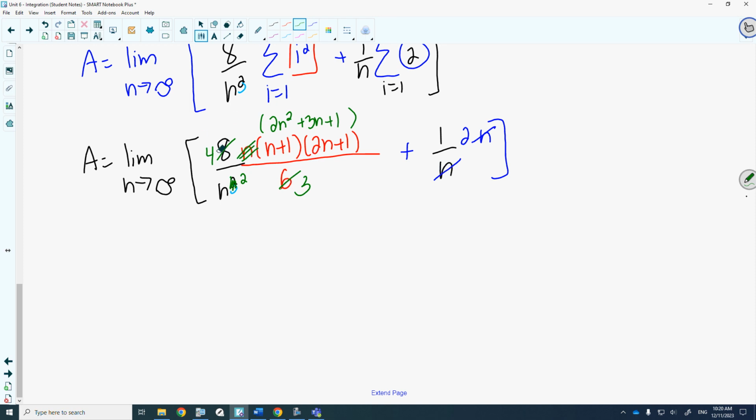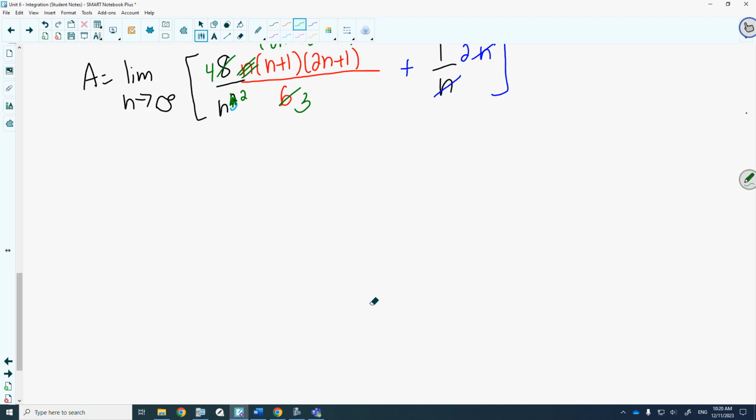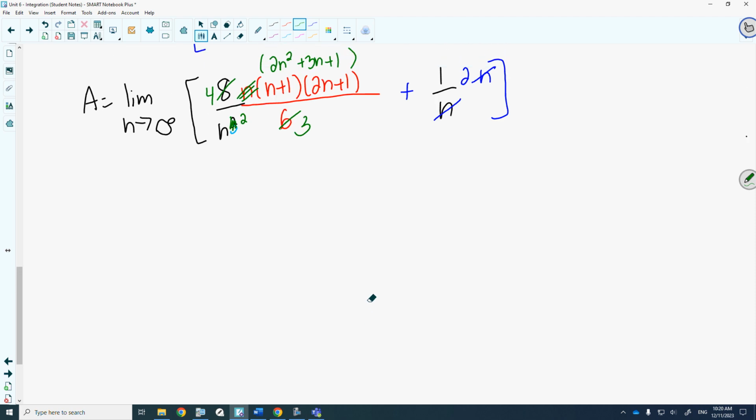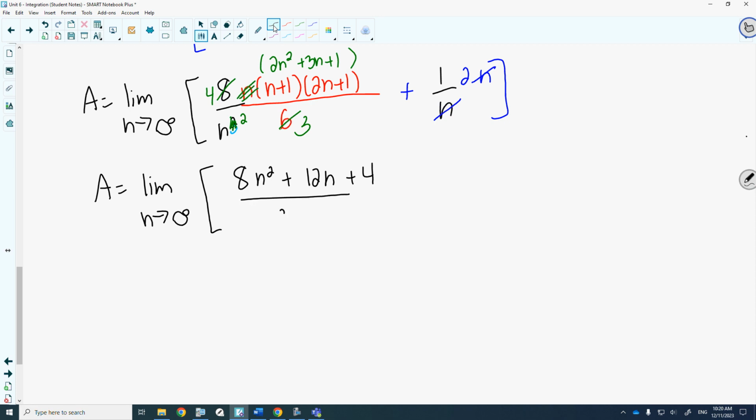And then I'm going to distribute the 4 in here. So that will give me the area is equal to the limit as n approaches infinity of 8n squared plus 12n plus 4 all over 3n squared plus 2.